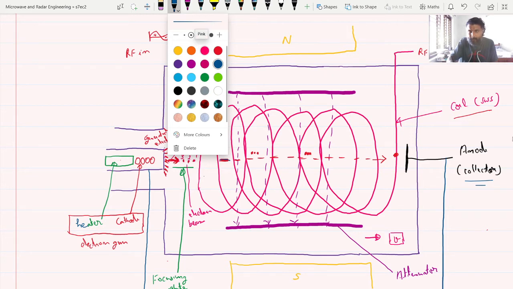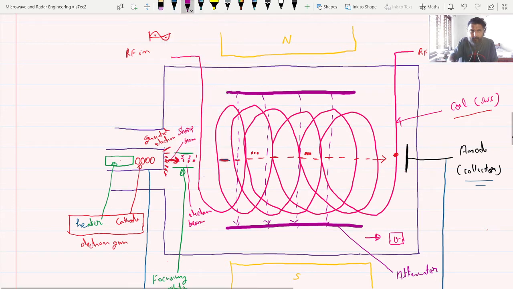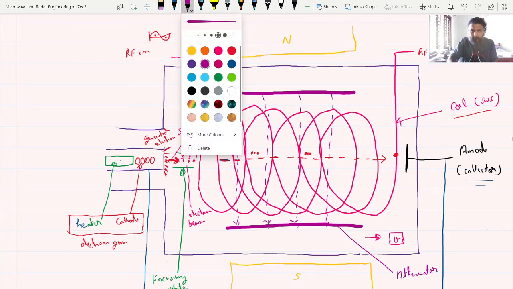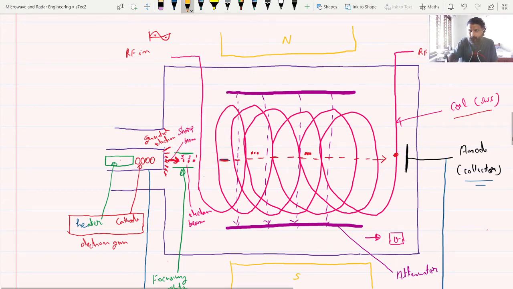This magnet will generate the magnetic field like this, in this direction. This is nothing but the magnetic field.